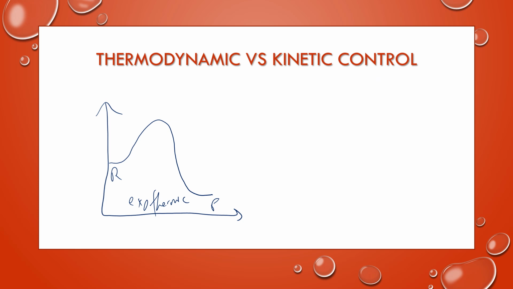Kinetics is influenced by a lot of different things, but one of the big things, if we're looking at energy diagrams like this, is the activation energy. If the reaction has a really high activation energy, then it's going to be a very slow reaction, and it might not even happen.